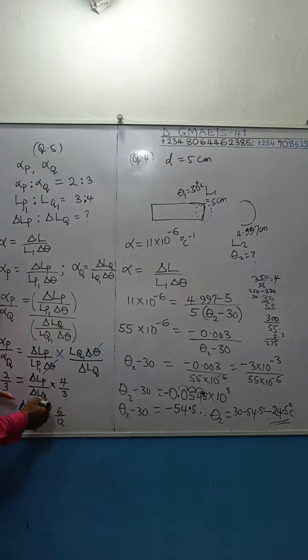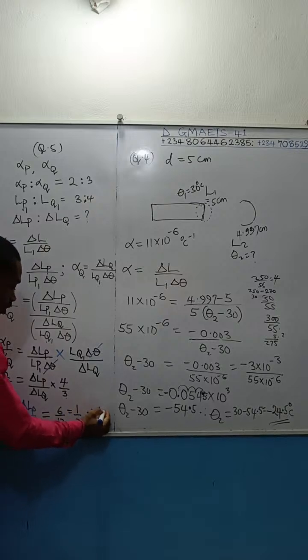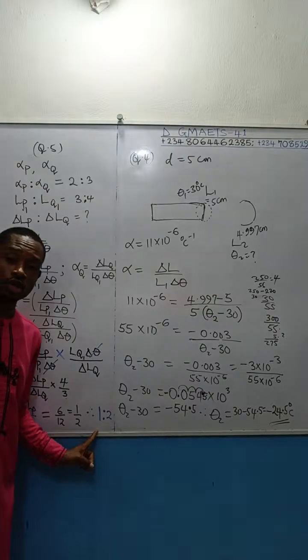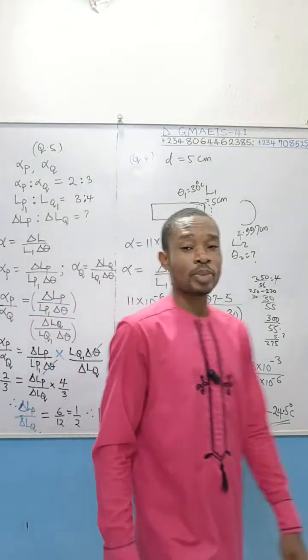If you solve this, you are going to get 1 over 2, which means that the ratio is 1:2. The ratio of the increase in length of P to the increase in length of Q is 1:2. If it is the increase in length of Q to that of P, it will be 2:1. So this is how you solve this particular question.